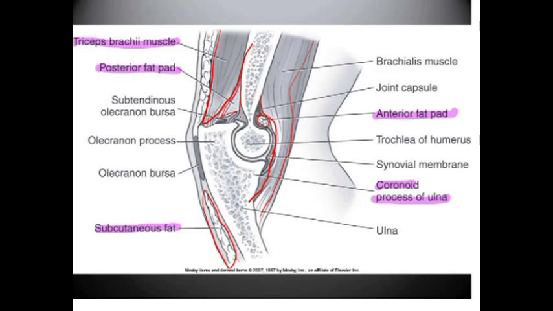Also notice that we have the olecranon fossa here. We have the trochlea, the coronoid process, and the olecranon process here.